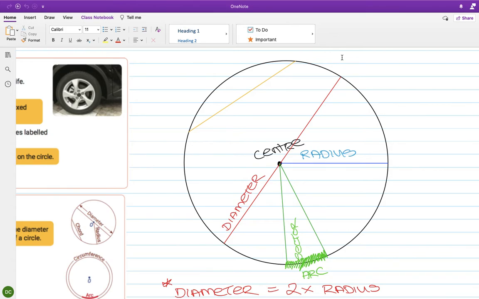There you go. So that line is called a chord. And then the bit that it cuts off, as in this bit in here, is called a segment.